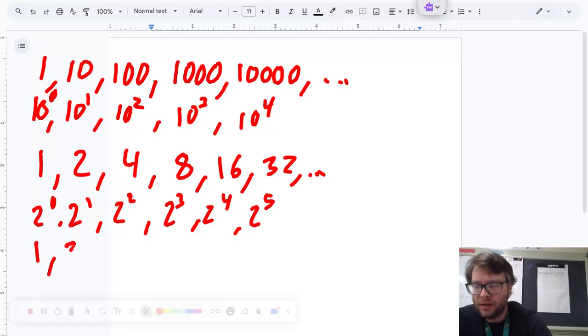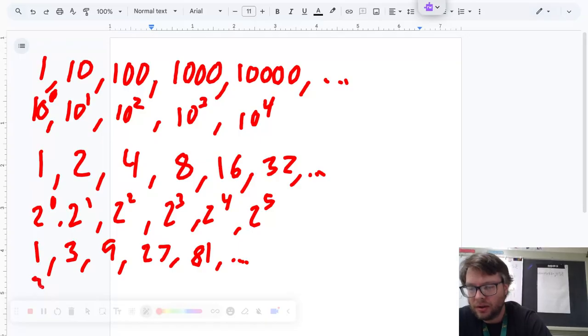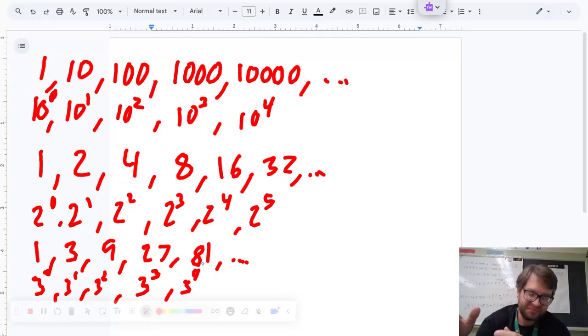I think we also did 1, 3, 9, so we're taking powers of 3 here, just multiplying by 3. And so we can call that 3 to the 0, 3 to the 1, 3 to the 2, 3 to the 3, 3 to the 4. So my point is that each of these geometric patterns just goes up by powers, and that each of them starts with the number 1.